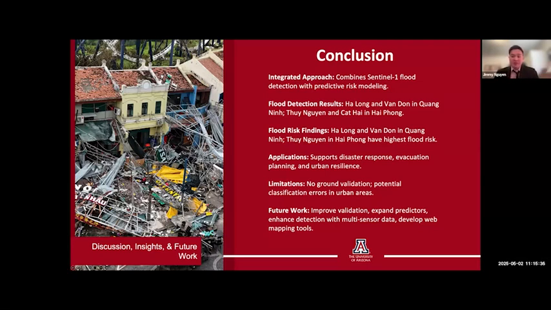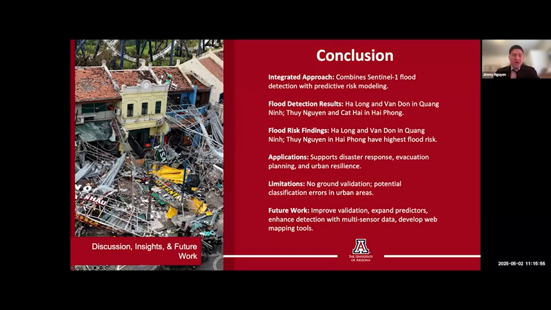The limitations, of course: I lacked ground validation data, ground truths. I need to verify if the flooded areas I detected were actually accurate. And I also rely too much on fixed environmental assumptions, which may not fully capture urban flooding complexities.